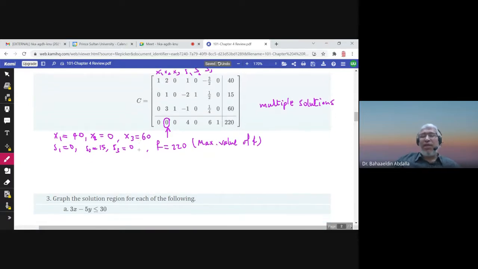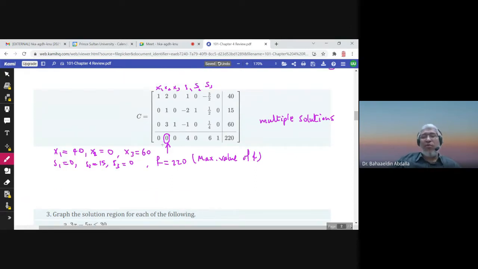But to get another solution, we can do a pivot operation using pivot column number 2. If we divide 40 by 2, it's 20. 15 divided by 1 is 15. 60 divided by 3 is 20.